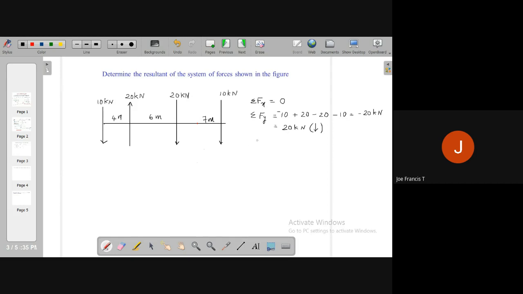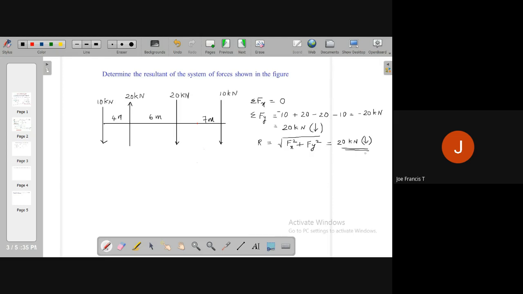Theoretically, we say that R is given by root of Fx squared plus Fy squared. So in our case, Fx is 0, so we'll reduce it again the same answer, 20 kilonewton, which is acting downwards. So we got the magnitude and direction of this force.